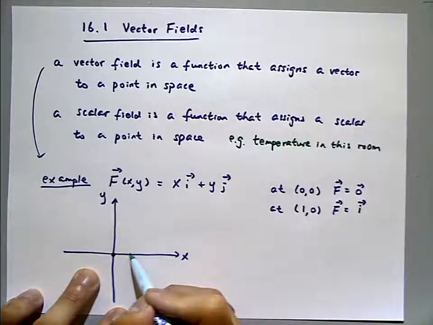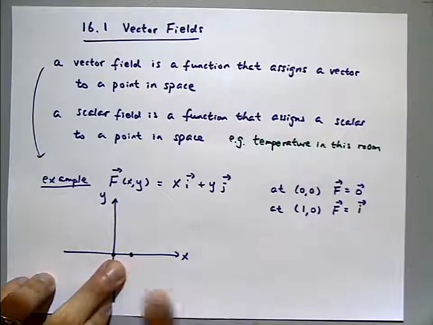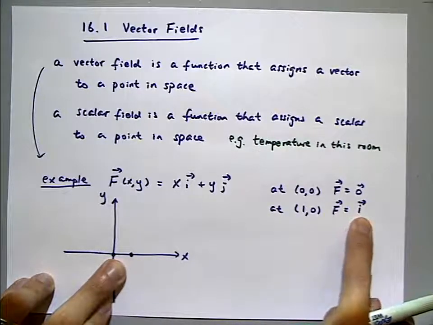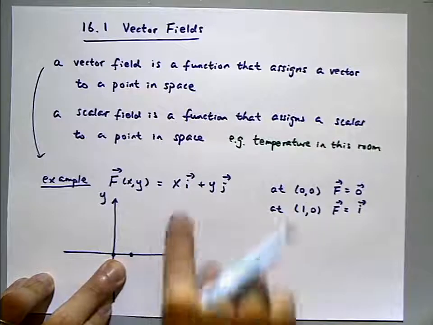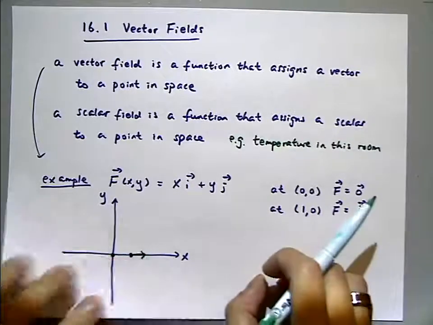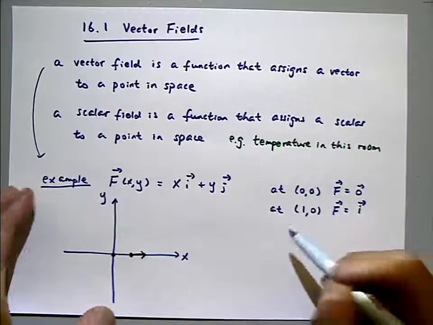So the point 1, 0 might be over here, and the vector associated with that point goes one unit to the right and none up or down. So it might look something like this. Make sense?